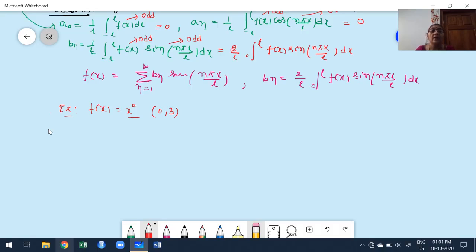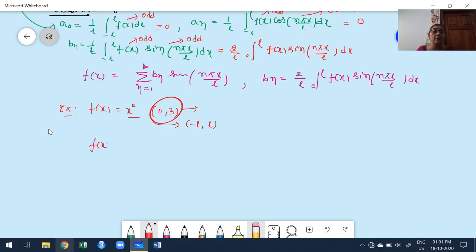Wrong, actually. Keep in mind, if you want to go for even or odd, as I told in my first class, always define it in a negative to positive limit. First you observe the limit, and based on that decide whether to go for case 1 or case 2. Whenever the interval is in the form of case 2, then we are permitted to go for the even case and odd case. Here we can't go for even or odd case.